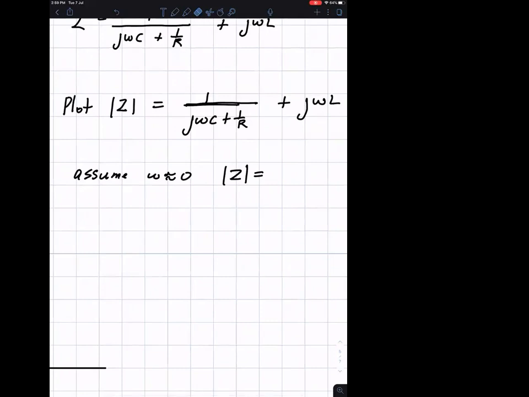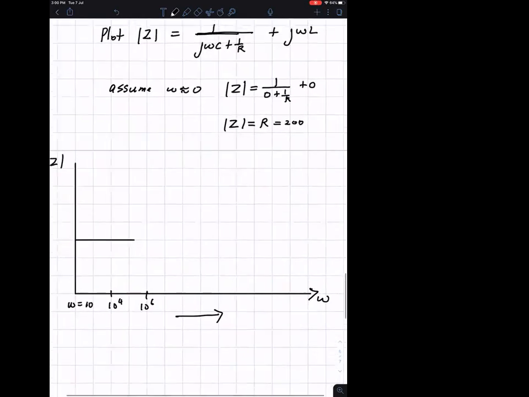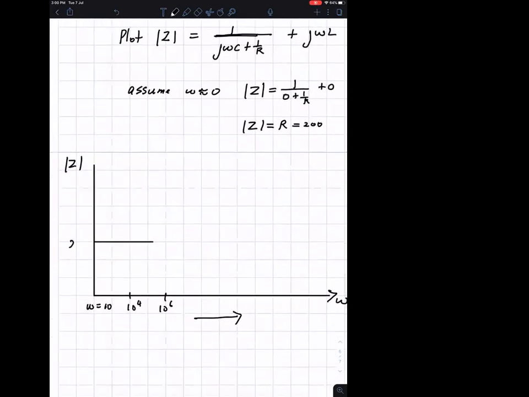When you put 0 in this equation, you get 1 over 0 plus 1 over R plus 0, right? In this case, Z is R, which is 200 at a lower range of frequency. So it's still 200. Any question on that?